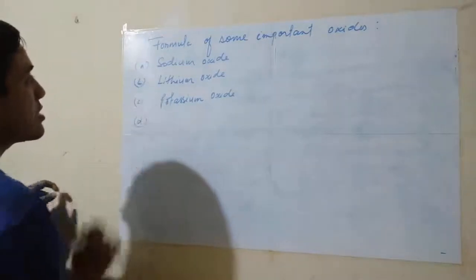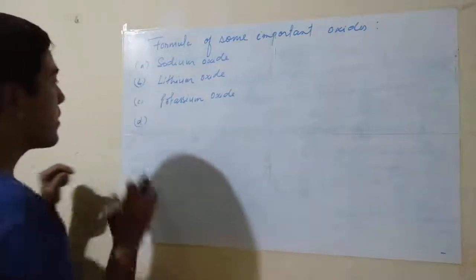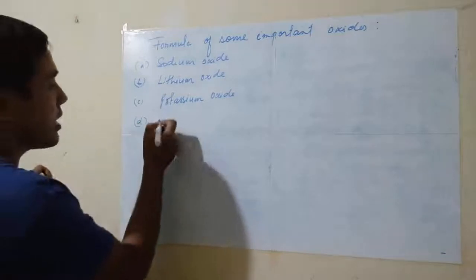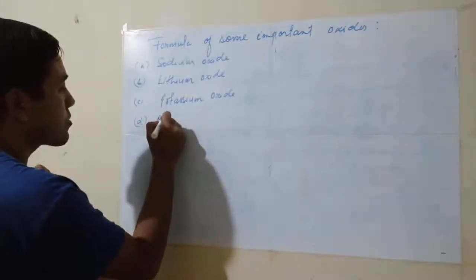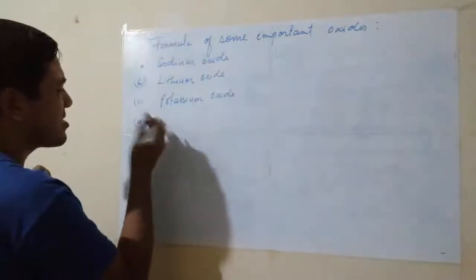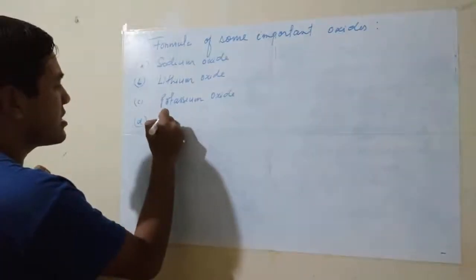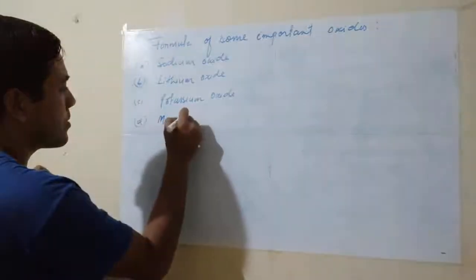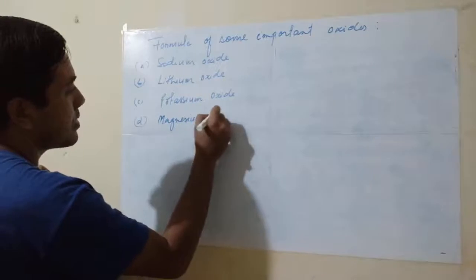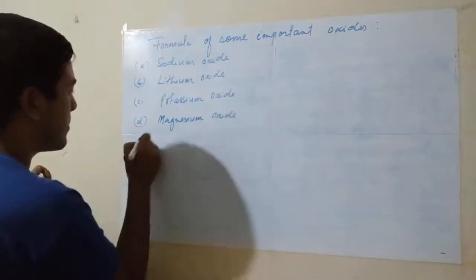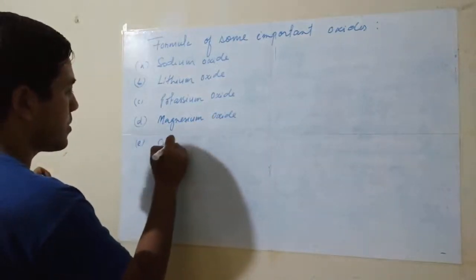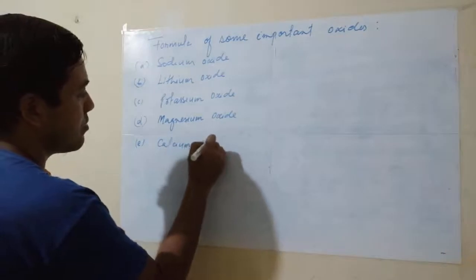I am writing sodium, lithium, potassium. Now again I will write beryllium oxide. No, beryllium oxide is not common. Okay, magnesium oxide, calcium oxide.